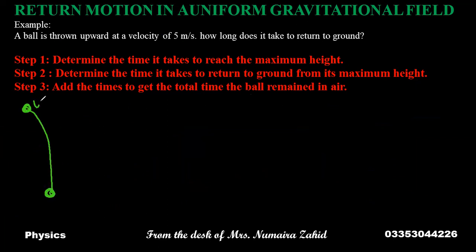So the initial velocity will be considered as 0 meters per second. Final velocity will again be considered as 5 meters per second. And here g will be positive 10 meters per second squared.